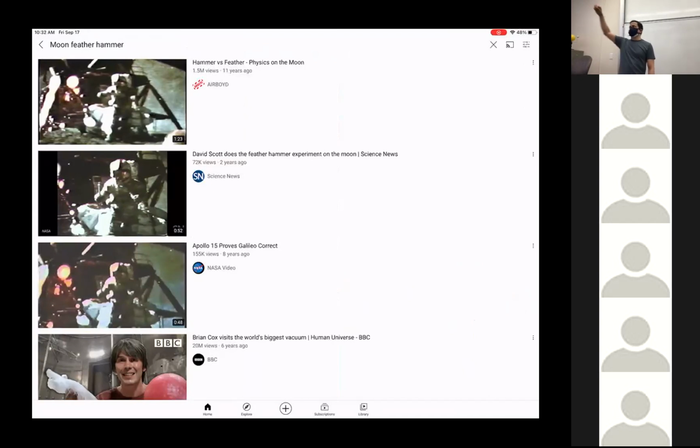On Earth, when you drop a feather, it kind of does this, and that's because of the aerodynamics and the air resistance it's facing. But there's none of that on the moon. So on the moon, if you drop a hammer and a feather together, they should fall at exactly the same rate. And so they actually tried that. They used Newton's equations to get to the moon, and then they tried to verify that this thing works. And so here it is.